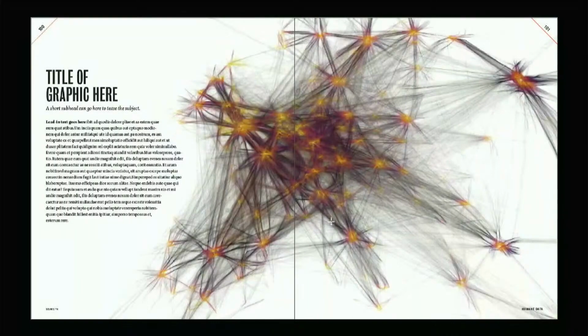And so this is where working with Oliver as a designer makes such a difference, because we can stick drafts of our data on a page to see how they appear in the book, and we can begin to ask ourselves, well, what is this showing? What's the story we're trying to tell? And the key takeaway for me on this graphic was just how busy the skies are over Europe.